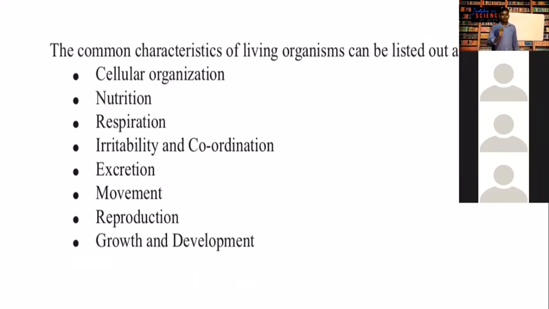Let's refresh the main characteristics. If you have to identify whether something is living or non-living, you must know about these characteristics. First one, cellular organization. Second, nutrition. Third, respiration.